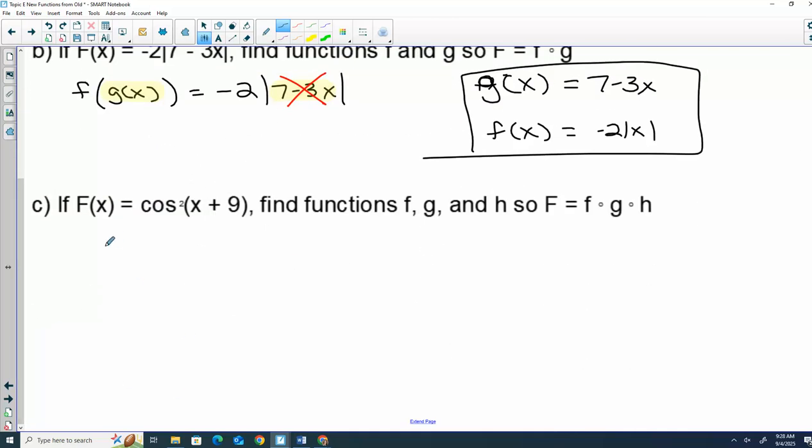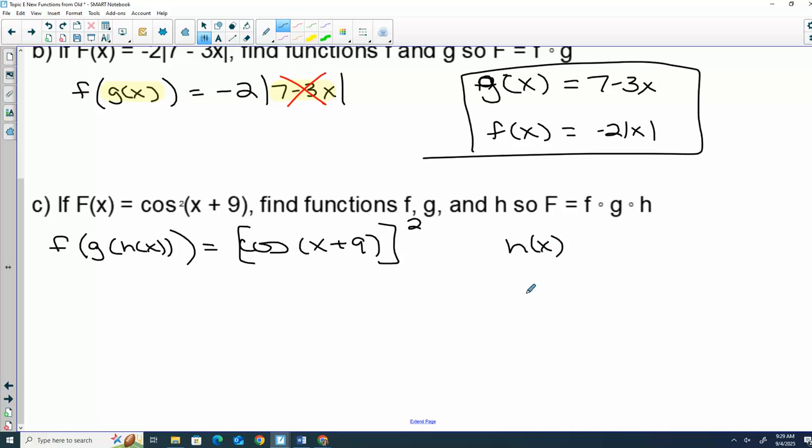Last one. So this one we have 3 functions, f of g of h of x. When you see cosine squared, remember from trig, that means you have this entire expression squared. So we need to think about all 3 here.